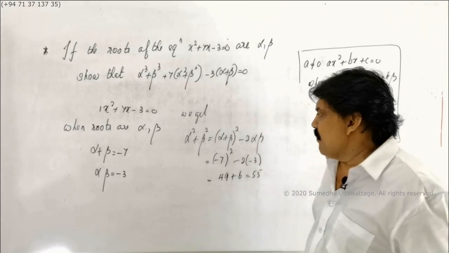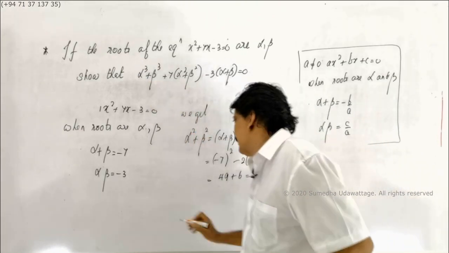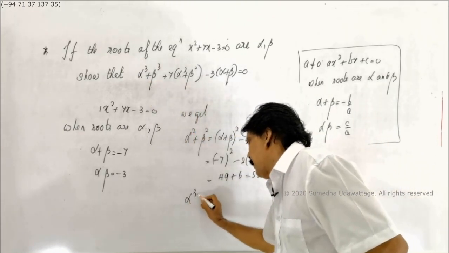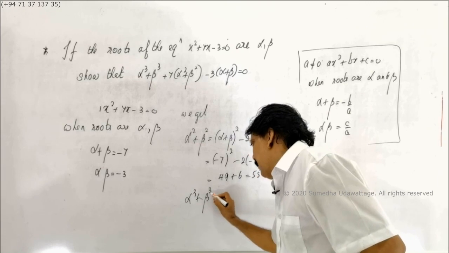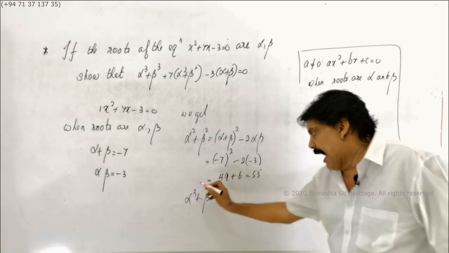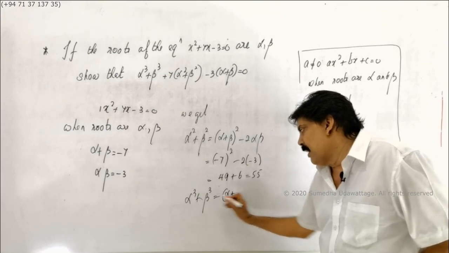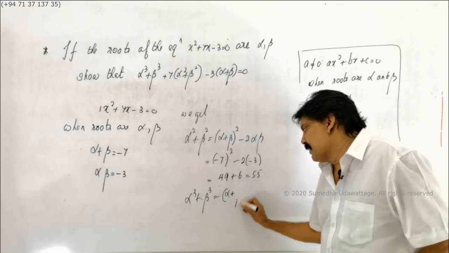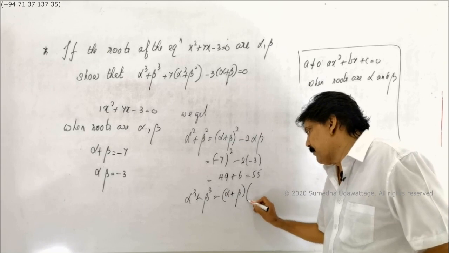Then we'll try to get the value of alpha cubed plus beta cubed. Can you remember the factorization? The sum of two cubes: alpha cubed, you get alpha, plus, beta cubed, you get beta here.